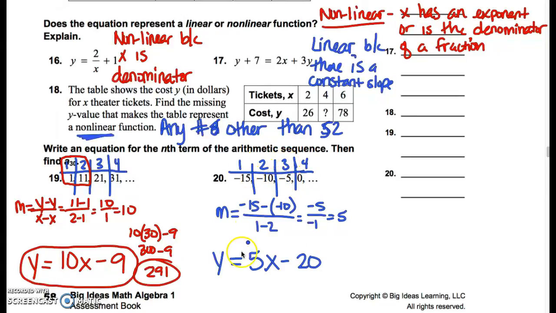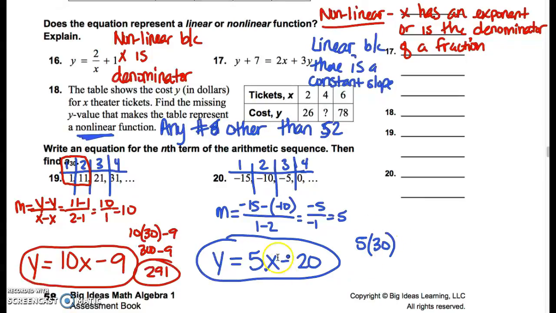So you can see it checks out for each of them. And then to figure out the 30th term, we just need to plug in 30 to my new equation. 5 times 30 minus 20. So we have 150 minus 20, which is 130. And that takes you through our study guide for Chapter 5 on functions.